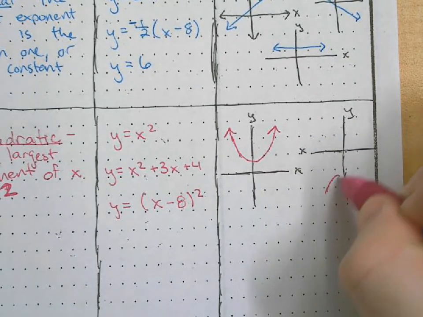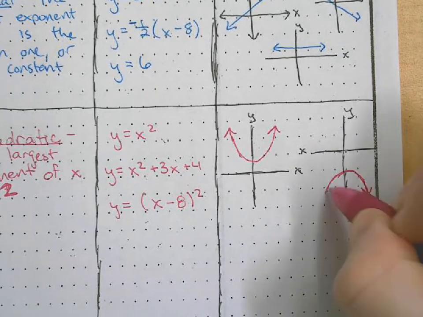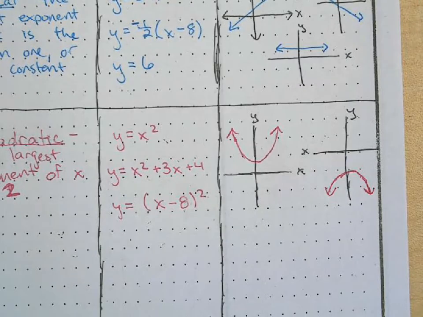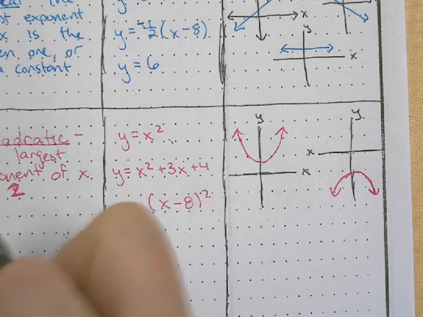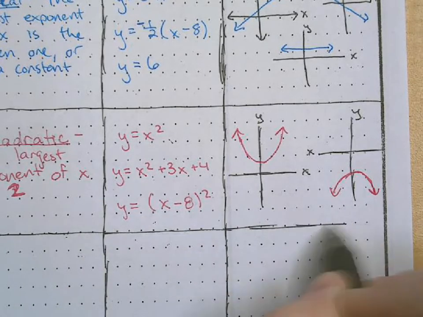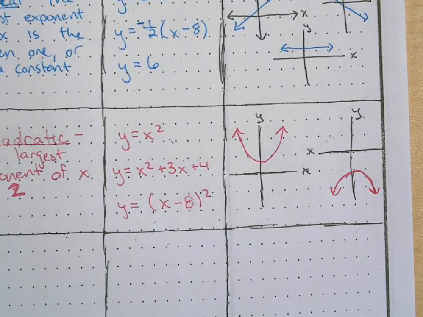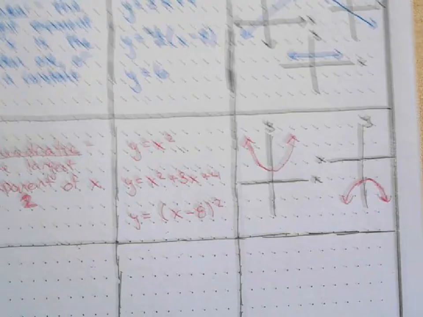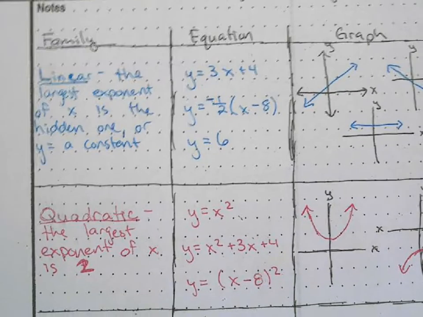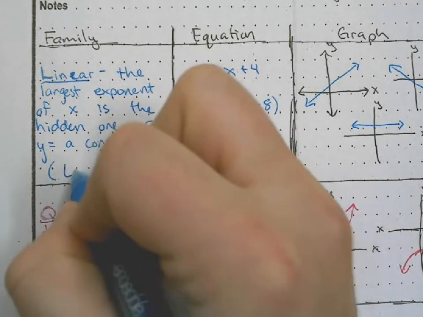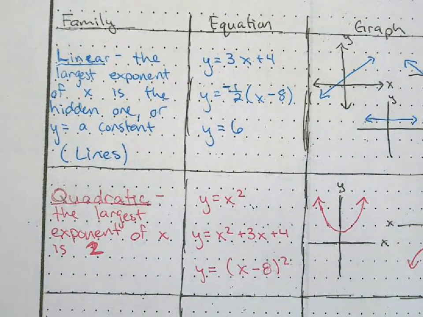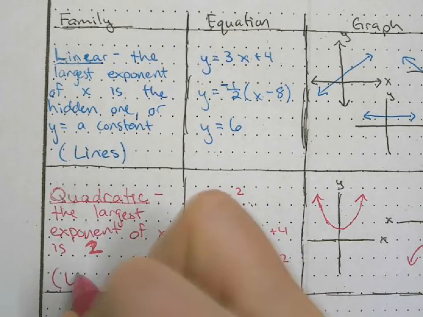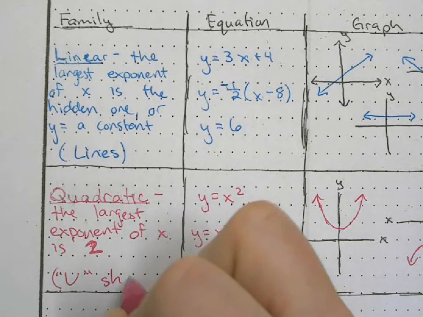And then we could have one that looks downwards like that, and that's a negative x squared. And that's quadratics. Let's add some shape characteristics. Linear, our lines, and quadratic are considered U-shaped.